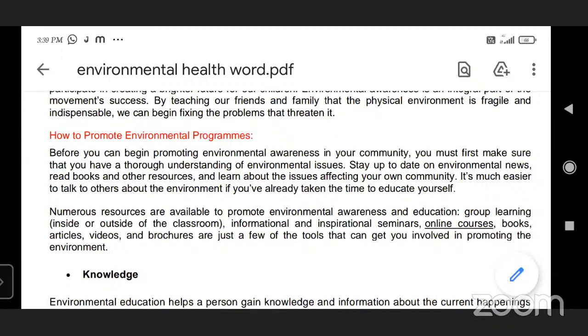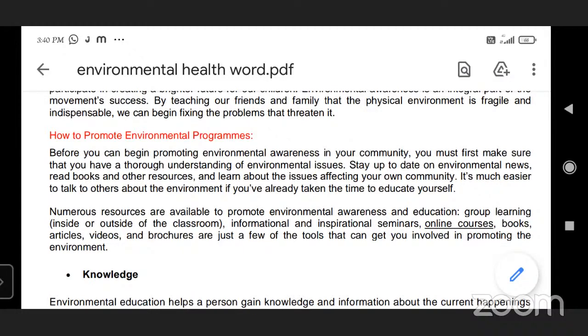So this is the way, and it's a much easier way, and numerous resources are available to promote environmental awareness and education.